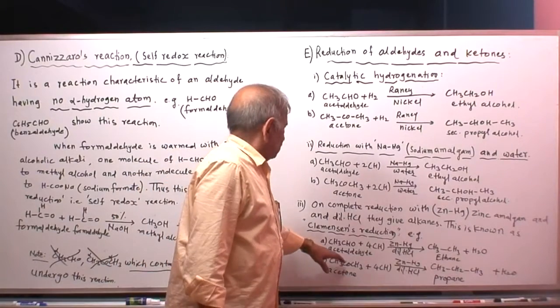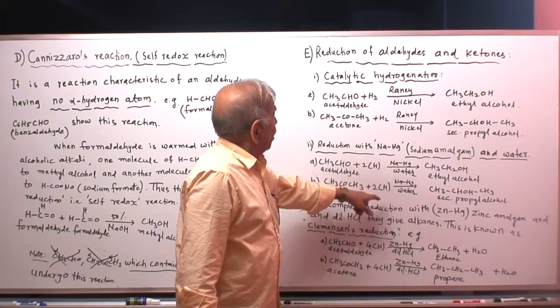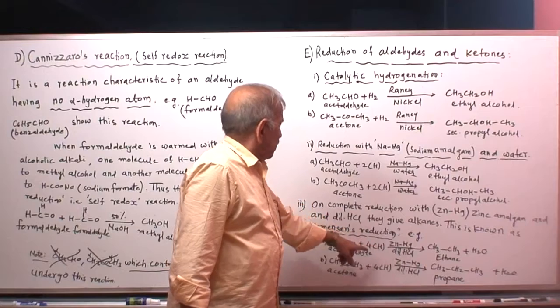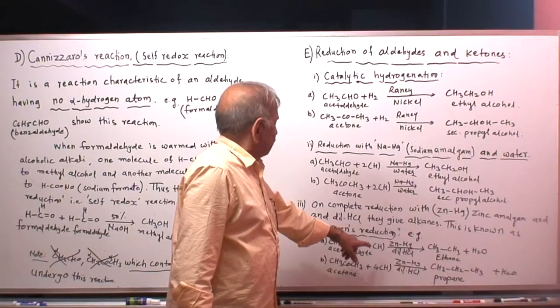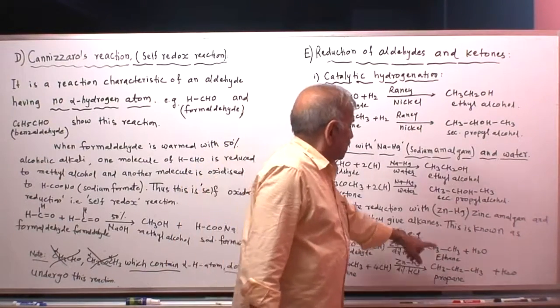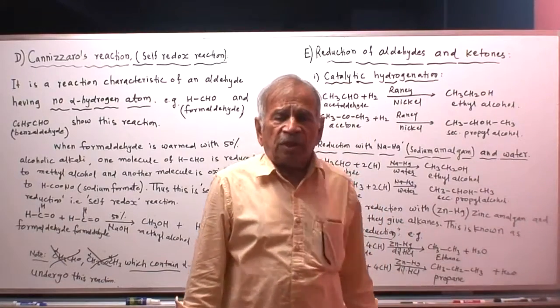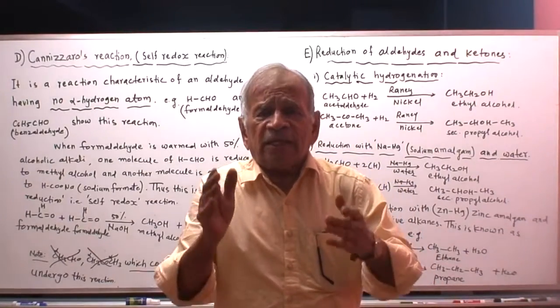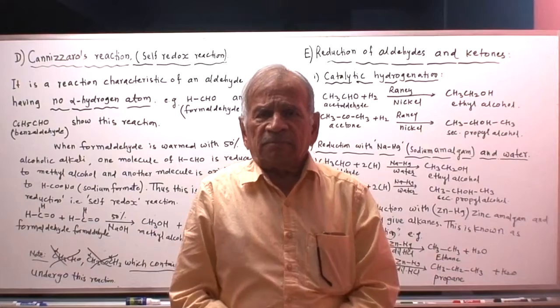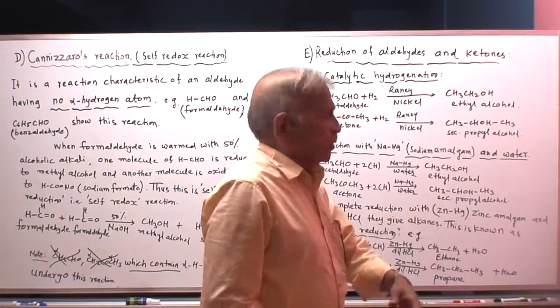A very good reaction. Acetaldehyde, now not 2H, now 4H. Acetaldehyde plus 4H, we get CH3-CH3, that is C2H6, an alkane, namely ethane. Of course, plus a molecule of water.